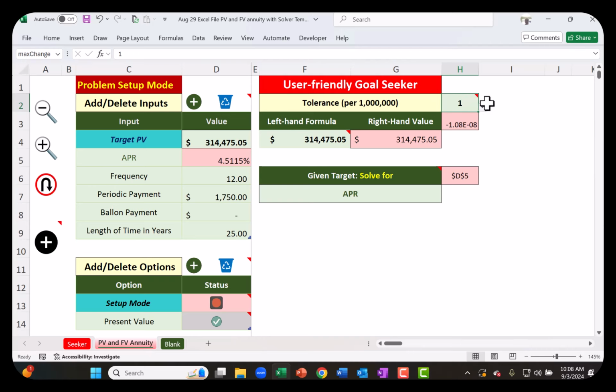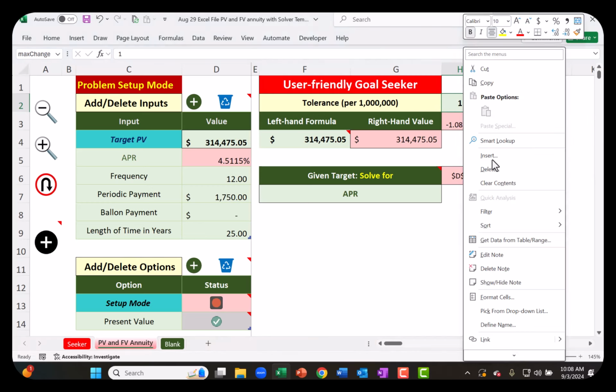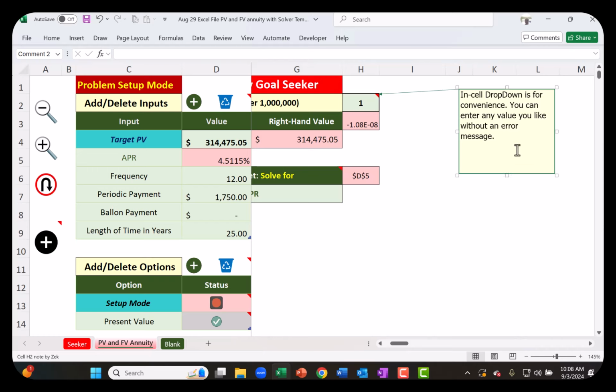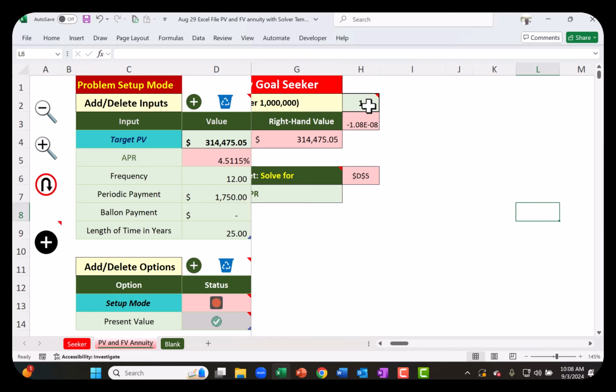It's basically, let me see. That's 1 part in a million.